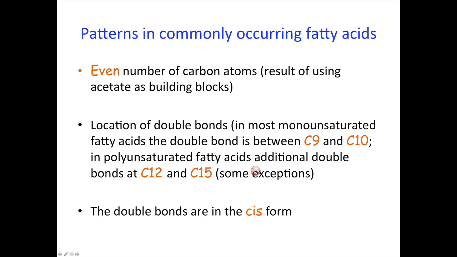As for the location of double bonds, in most monounsaturated fatty acids the double bonds will be between carbons 9 and 10. In polyunsaturated fatty acids, additional double bonds are at C12 and C15. As usual, there will always be some exceptions to the rules. And for naturally occurring fatty acids, as I said before, the double bonds are in the cis form.